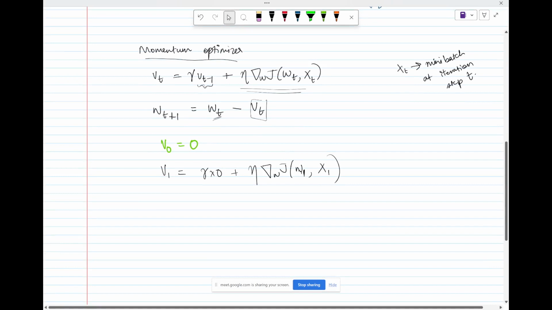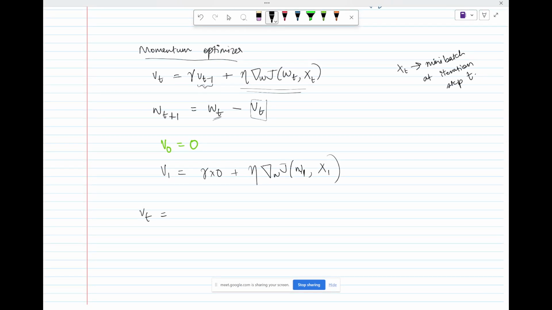Like that, if you keep doing, what you will get, I think at vt I have written that thing, is gamma to the power t minus 1 times eta times the gradient, and so on until gamma power 0, that is 1.